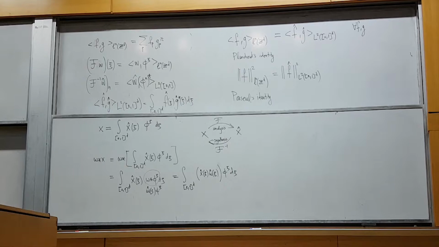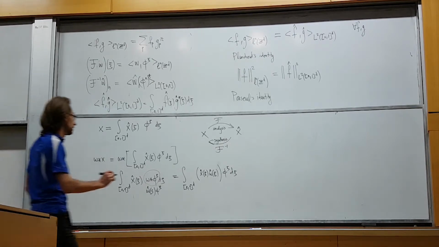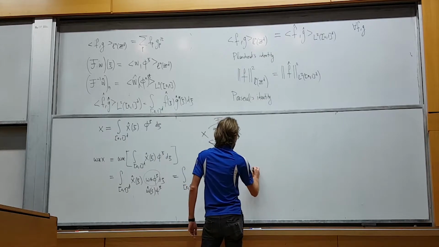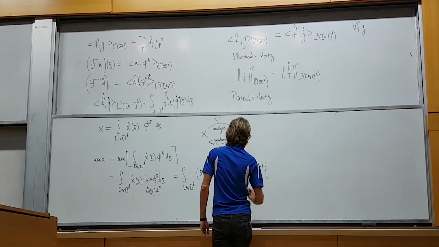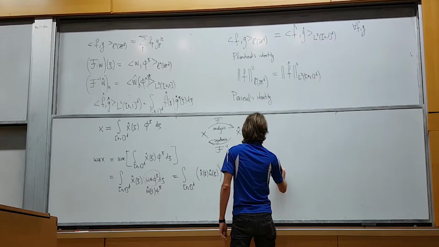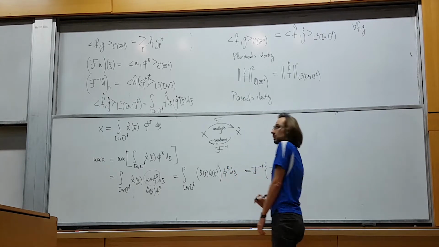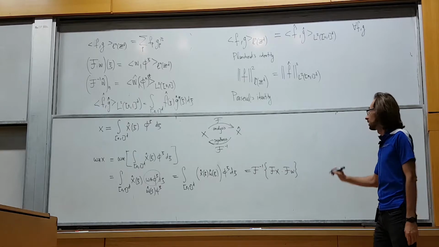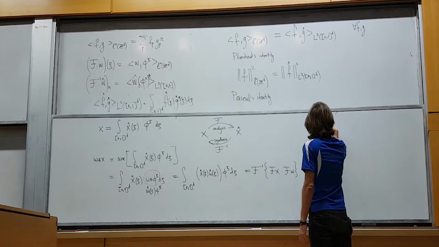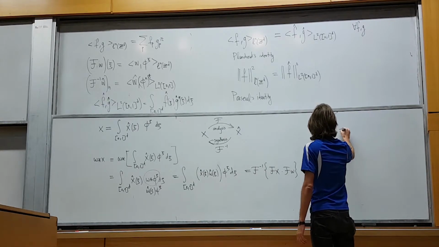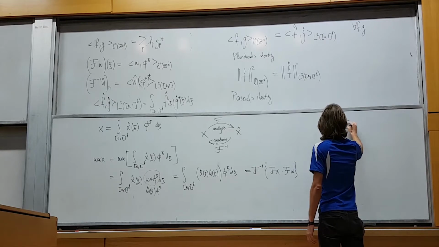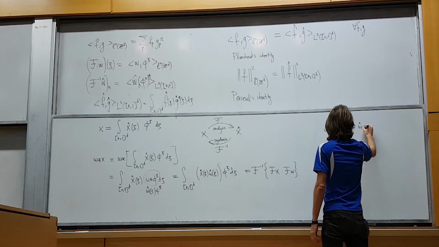Of this pointwise product of x hat and w hat. Okay, so let's write it explicitly. This is the inverse Fourier transform of F x times F w. Okay? Or graphically, if you will, convolution in the standard basis becomes product in the Fourier basis.